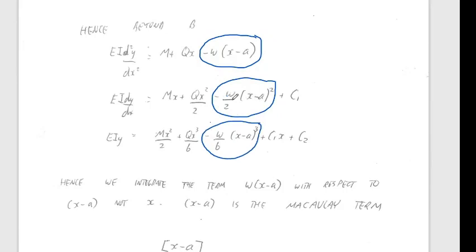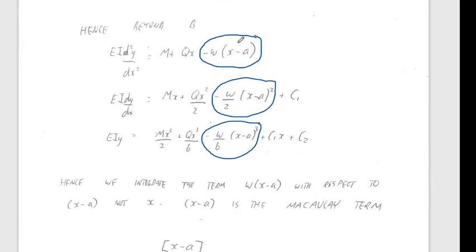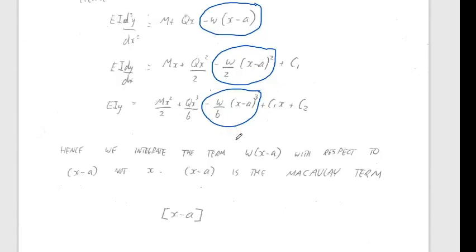So minus W(x minus a) squared over 2 becomes minus W(x minus a) cubed over 6. C1 becomes C1x, and then we've got another constant of integration. So that's what happens with Macaulay's method. We can understand what's happening beyond B once we introduce an additional load, simply by taking the Macaulay's terms and integrating them with respect to themselves.